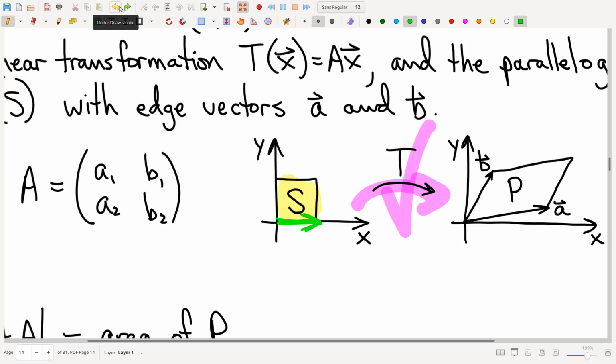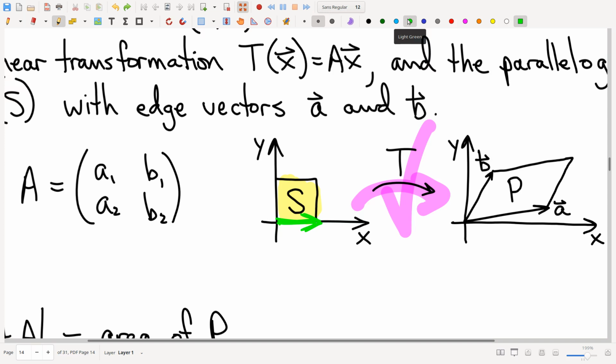If I look at that first standard basis vector and ask what is the image of that first standard basis vector, well, we have a rule for this. If you want to know what the image of a standard basis vector is, it's the corresponding column of the matrix. Now, we talked about this on the first day of class, right?